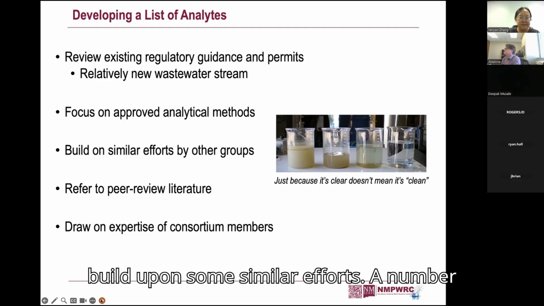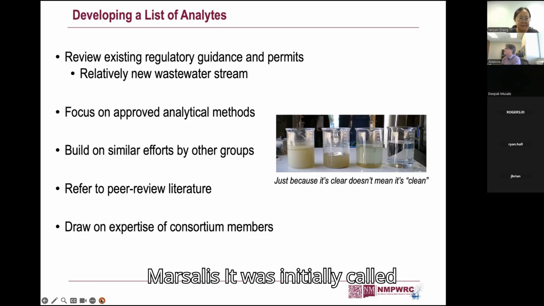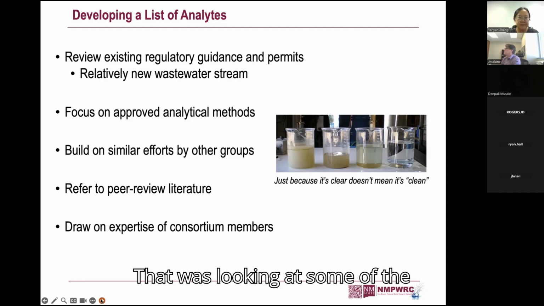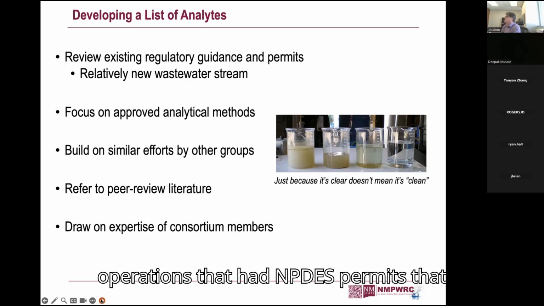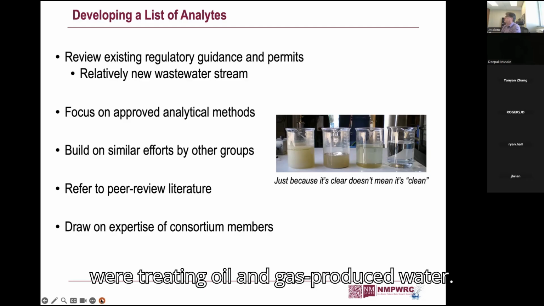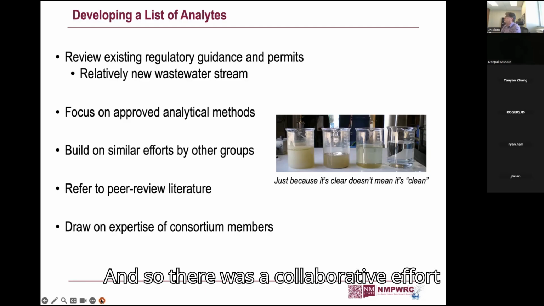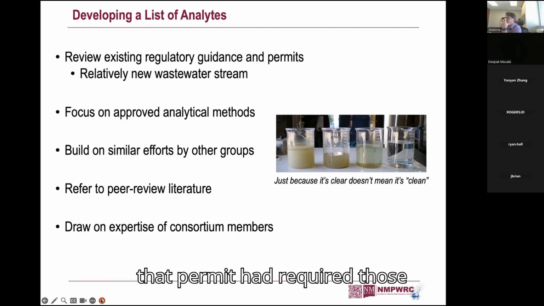We also build upon some similar efforts. A number of years ago, there was a group up in the Marcellus, initially called the Center for Sustainable Shale Development, that was looking at NPDES treatment operations that had NPDES permits and were treating oil and gas produced water. There was a collaborative effort at that time to look beyond just what the permit had required those facilities to look at.